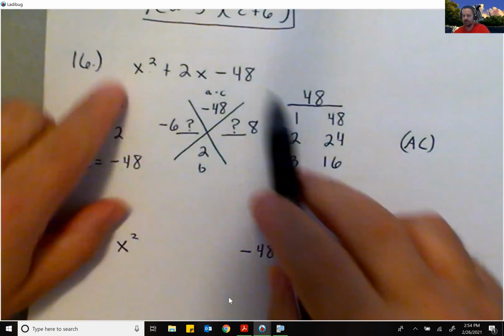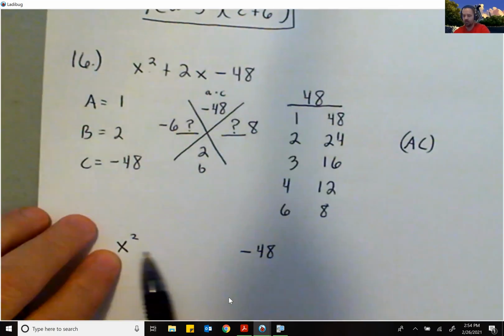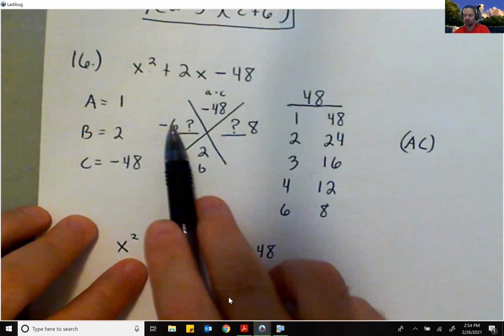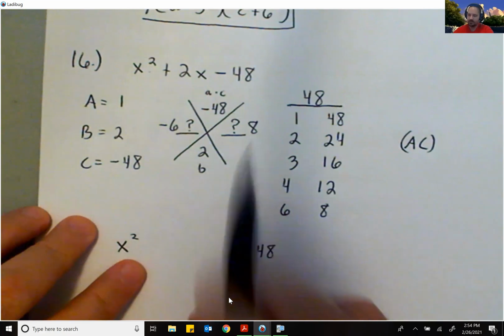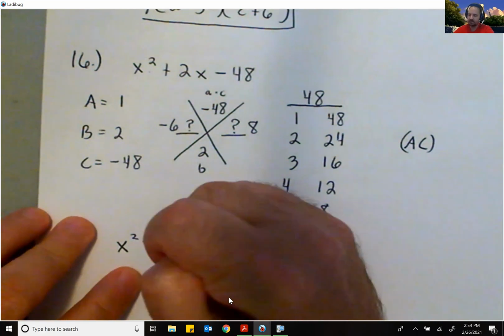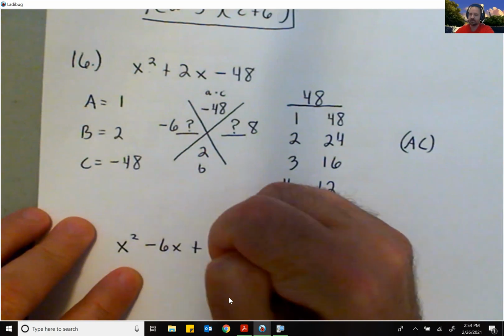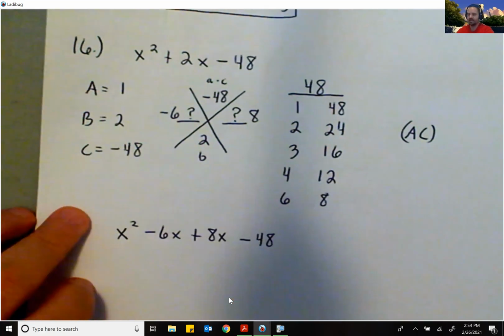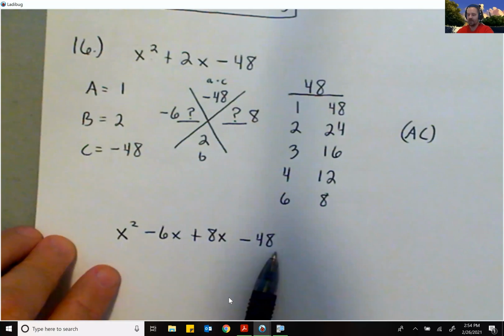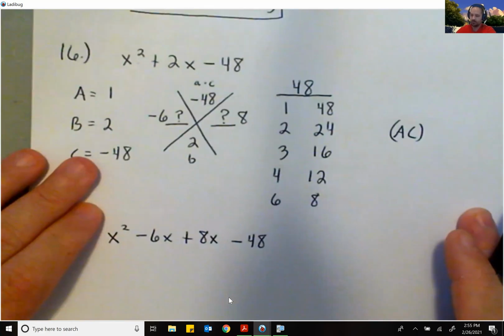In the middle go the 2 numbers we found: -6x plus 8x. See, it's grouping. We got 4 terms, just like what we had in number 15. And so we do grouping.